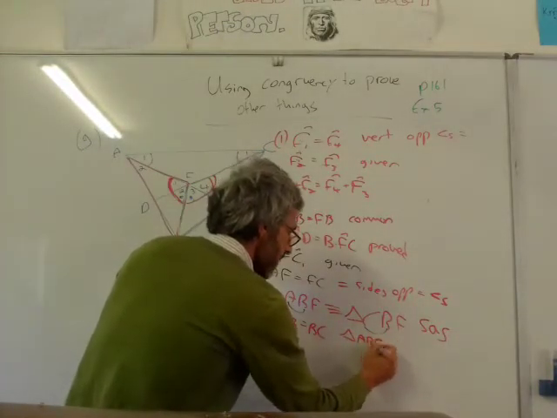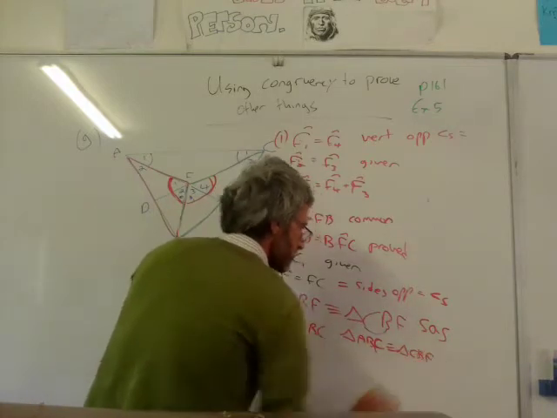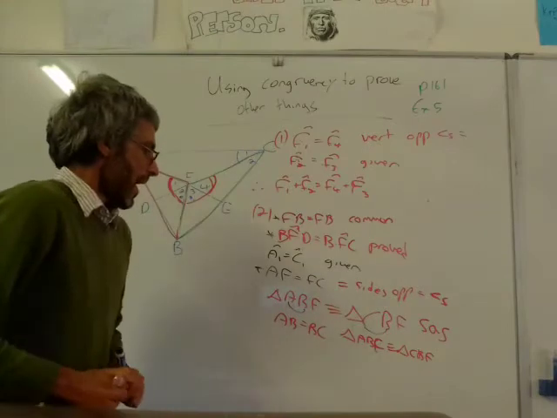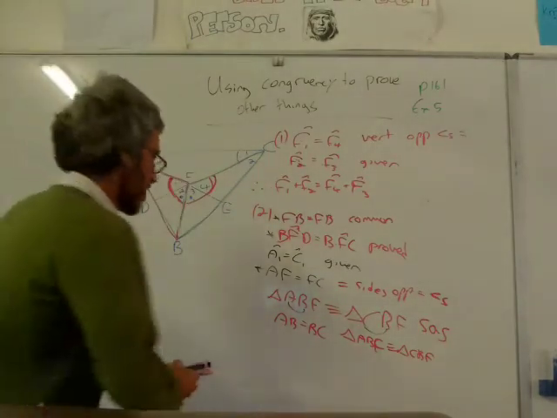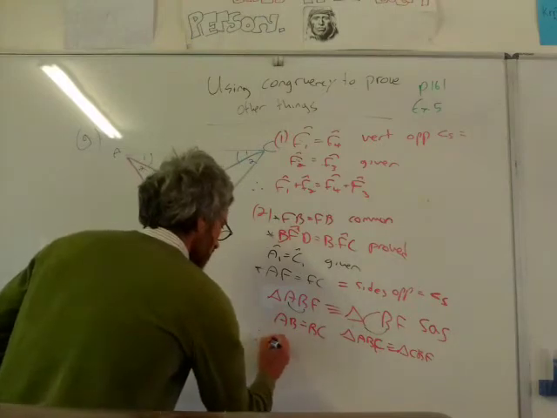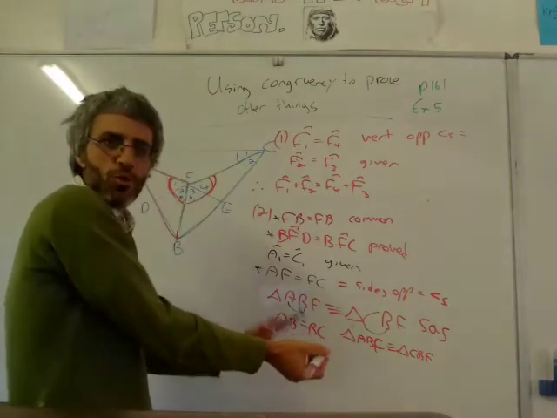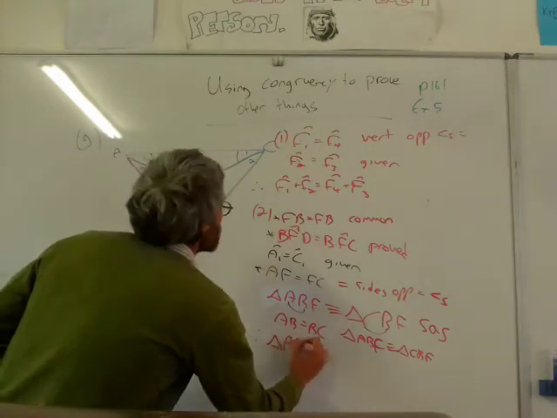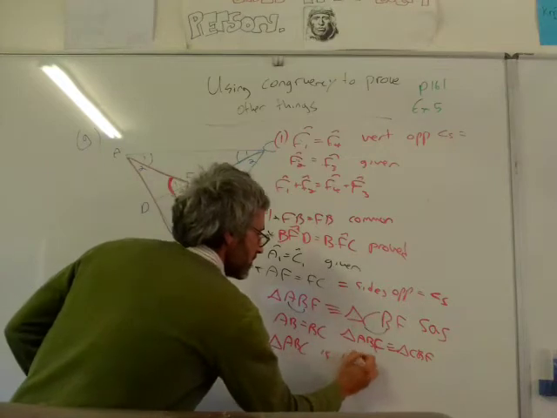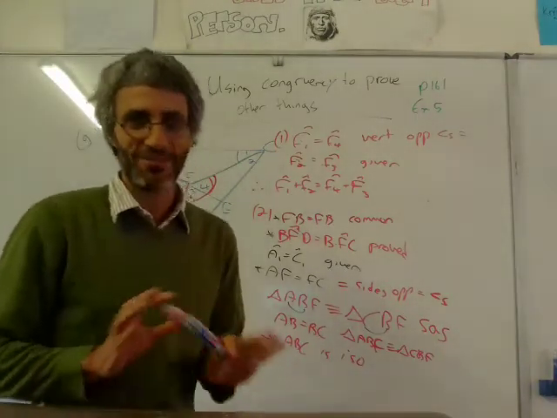So ABF is congruent to triangle CBF. And if these two sides are the same, well, that's it. I proved it. Therefore, triangle ABC is isosceles. Alright, I know it's tough, guys.